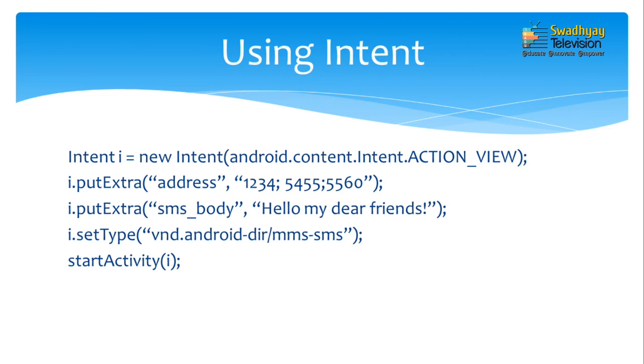First is a address which is a number to which you want to send SMS, and if there are multiple receiver, you can separate those numbers by semicolon as shown in the screen. And another parameter you have to provide is sms_body, which specifies your message to be sent, and we set the type of data that we want to send as vnd.android-dir/mms-sms, which is a standard MIME type for sending SMS, and then we can call start activity.